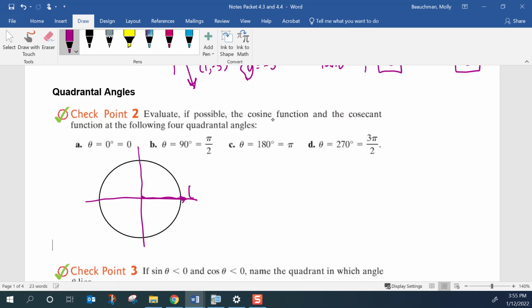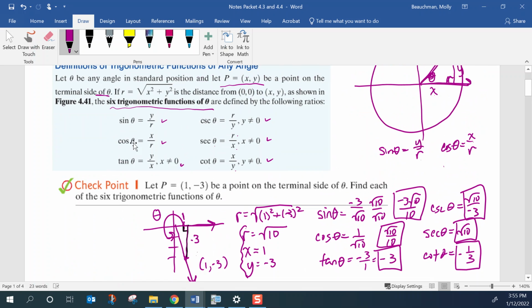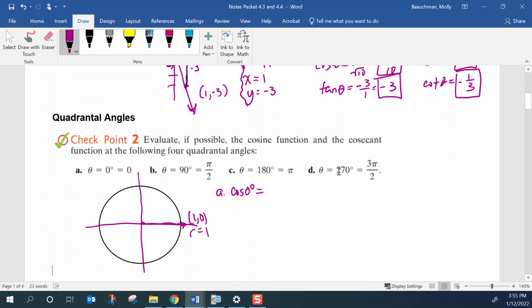I'm just going to pick a radius of 1 because I don't have a coordinate to go through, so I'm going to use that as (1, 0). So for A, the cosine of 0 degrees, if that's (1, 0), the radius is equal to 1. So the cosine is equal to, let me come back up here, cosine is x over r.